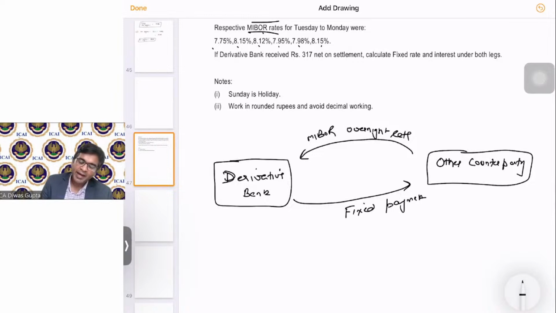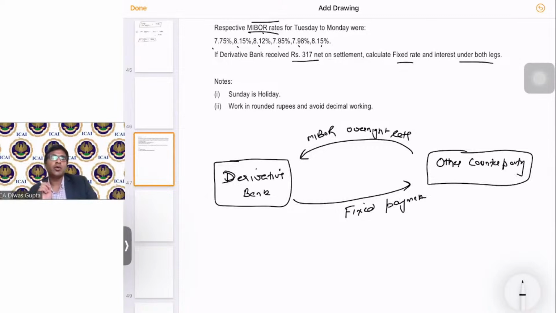If the derivative bank receives 317 on net settlement, calculate the fixed rate and interest under both legs. Now this question is a bit tricky because it is not asking you to calculate the net settlement amount between fixed and floating.